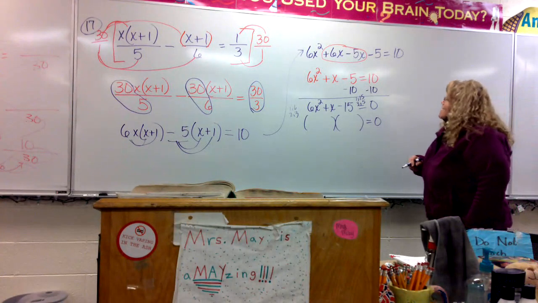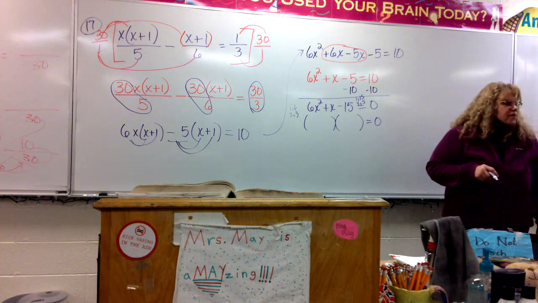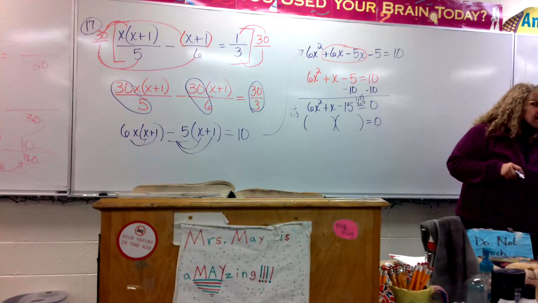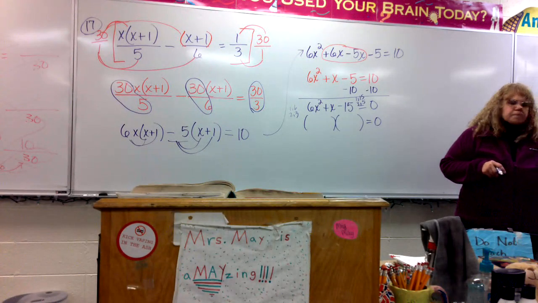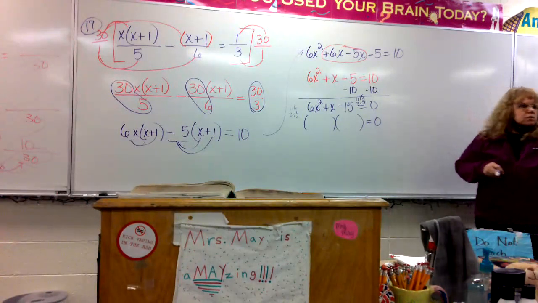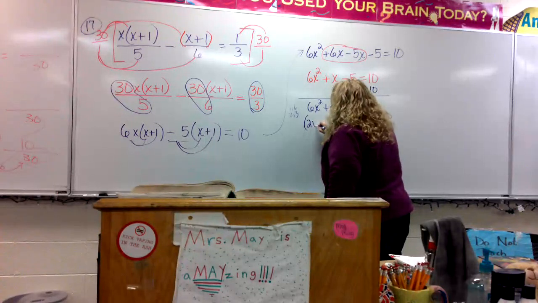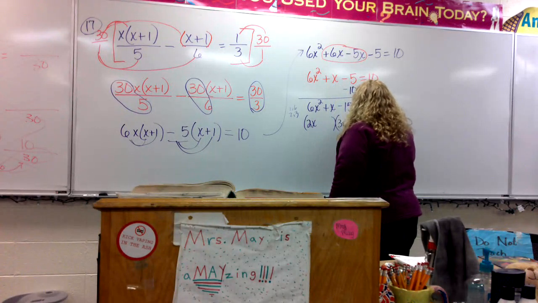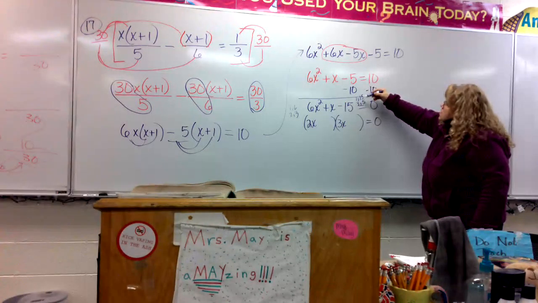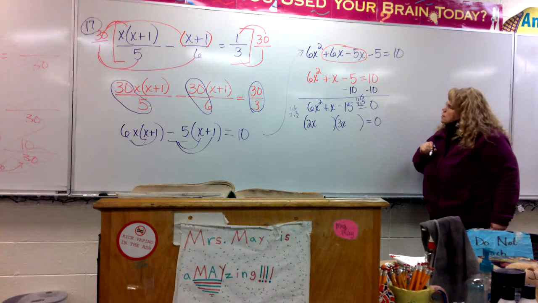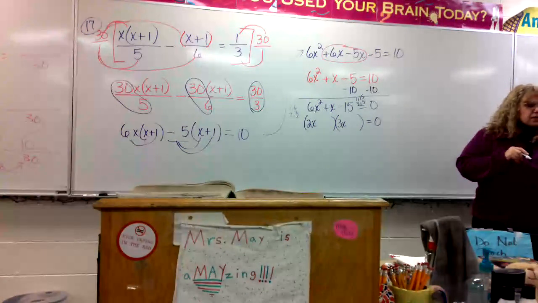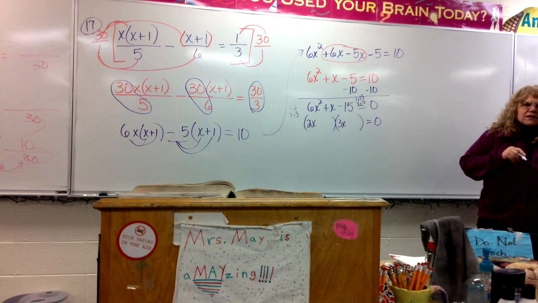You want to know what my first guess would be? What's your first guess? Alex, what's your first guess? That would be my first guess. 2x and 3x. I don't know if it's right. I could be way off. What's your first guess for over here? 3 and 5.